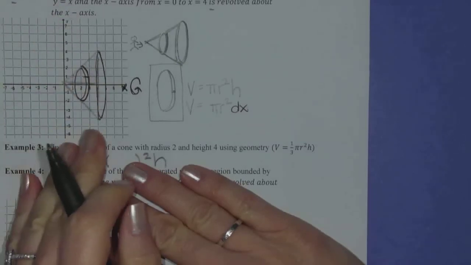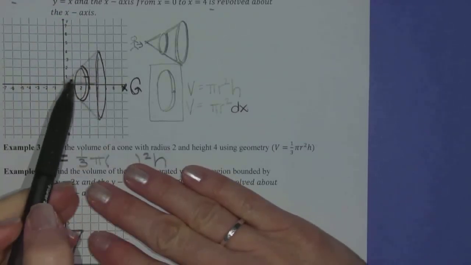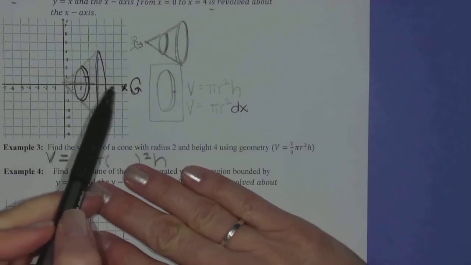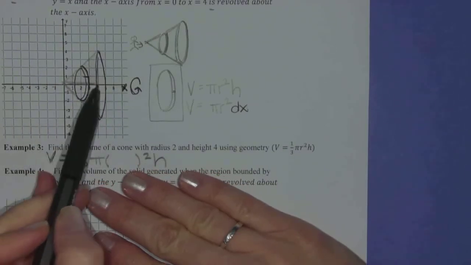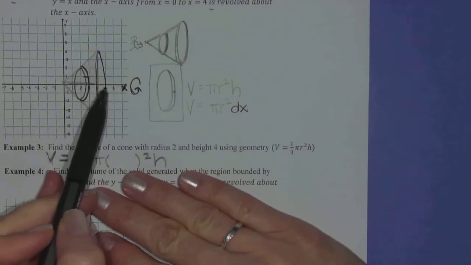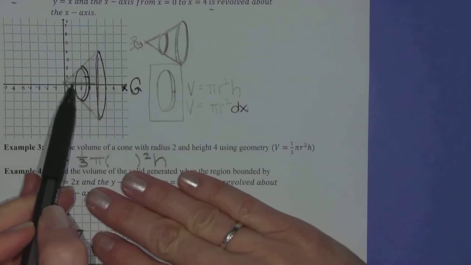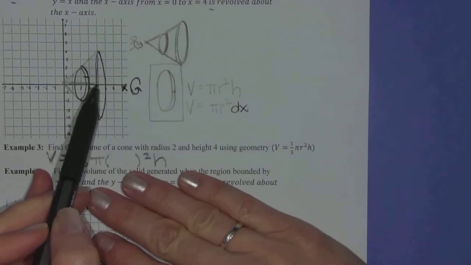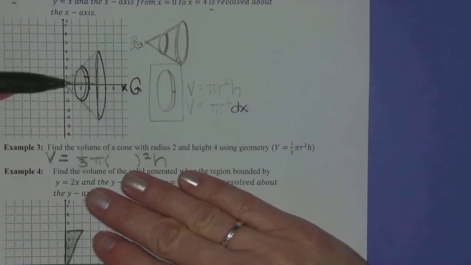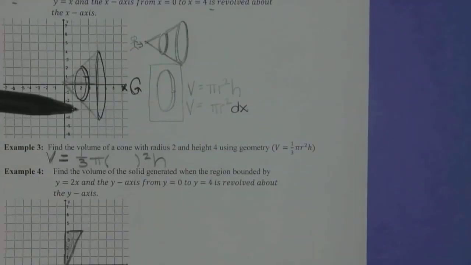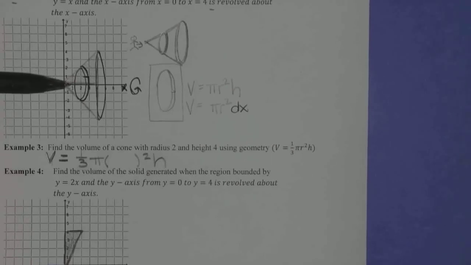So the idea to find the volume of this cone laying here on the x-axis, going back a unit, is to add up all of the discs from 0 to 4, add up all those volumes. If you add volume plus volume plus volume, you get volume, and add up all of them to create the whole. Think about Riemann and his rectangles.